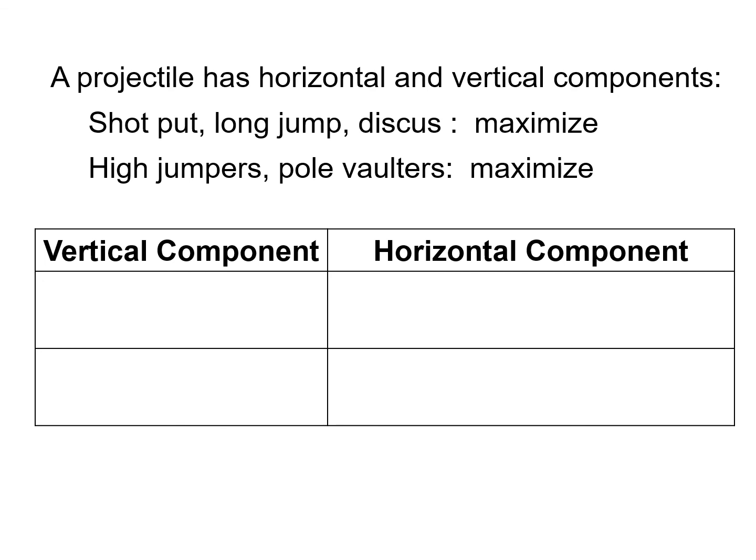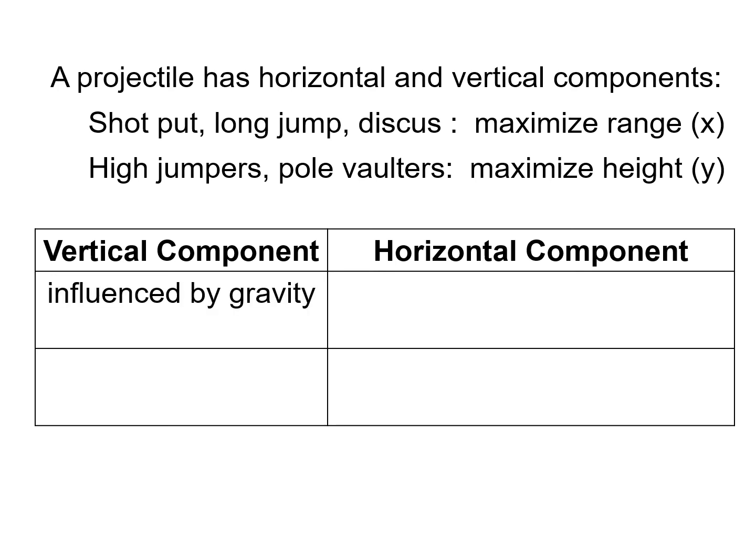A projectile has a horizontal and vertical component. When we start looking at shot putting, long jumps, discus, we want to maximize the horizontal component. For high jumpers and pole vaulters, we want to maximize the vertical component, or height and range. So we do have some laws that we use for this. Our vertical component is influenced by gravity. Once again, gravity is 9.81 meters per second squared.